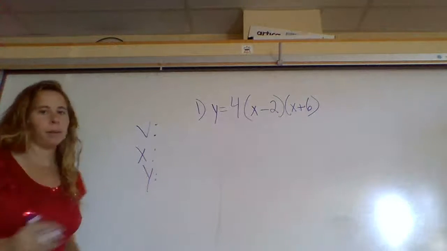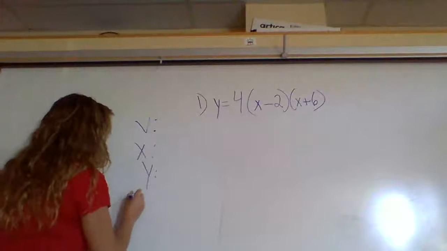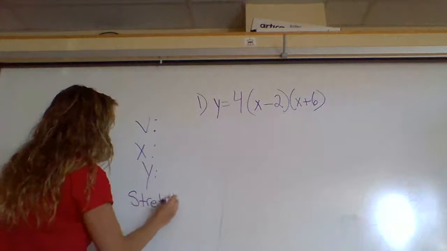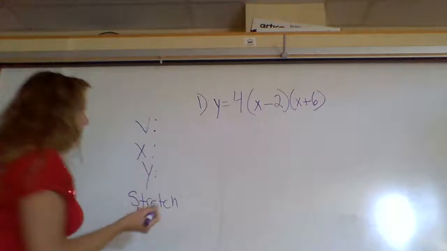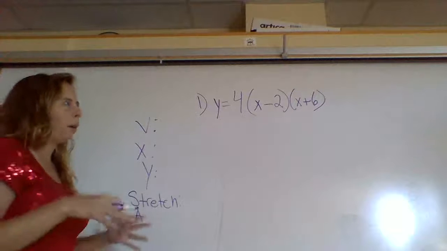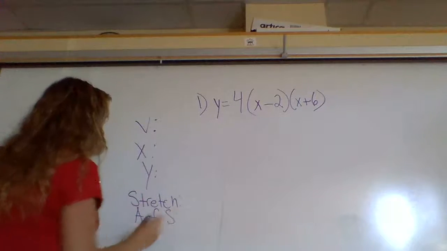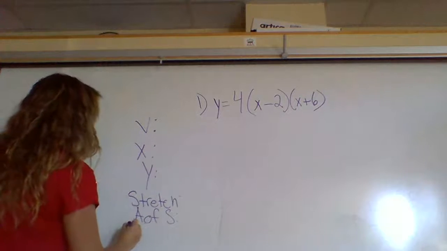And we have to figure out the stretch, and the axis of symmetry, which is also the line of symmetry, but really you should call it the axis of symmetry. And we have to write everything in vertex form.